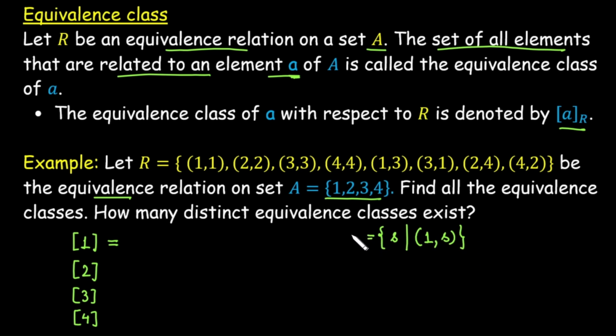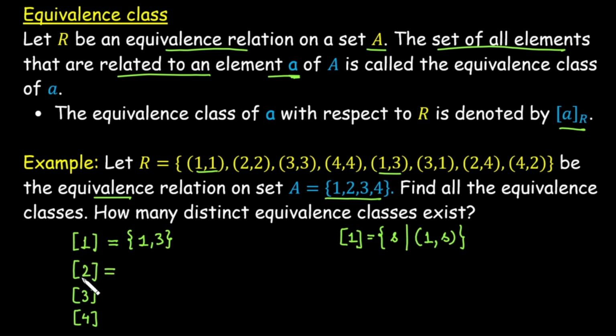That will give you the equivalence class of 1. Now (1, S) are (1, 1) and (1, 3). The value of S in this case is 1 and in this case 3. Put them in one set, that is the equivalence class of 1.